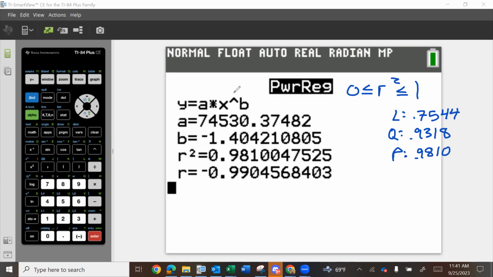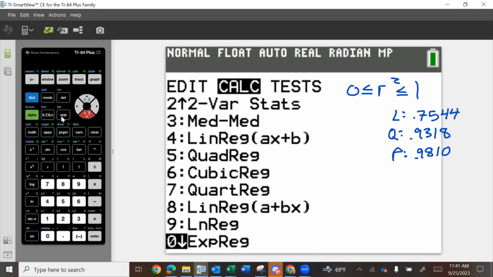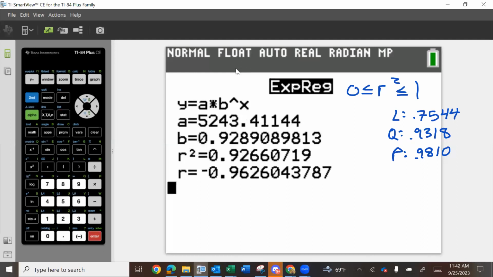Nice. Okay. Now let's try exponential, which I think was 0. Yes. All right. And we get 0.9266. So a little lower than quadratic.